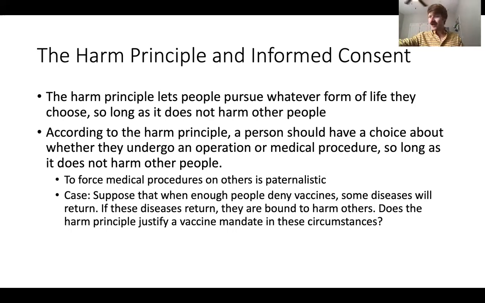So let's look at a slightly different case. Let's say that when enough people deny vaccines, some diseases are going to reemerge. Let's suppose that if enough people stop taking the MMR vaccine, mumps is going to return and be like COVID.